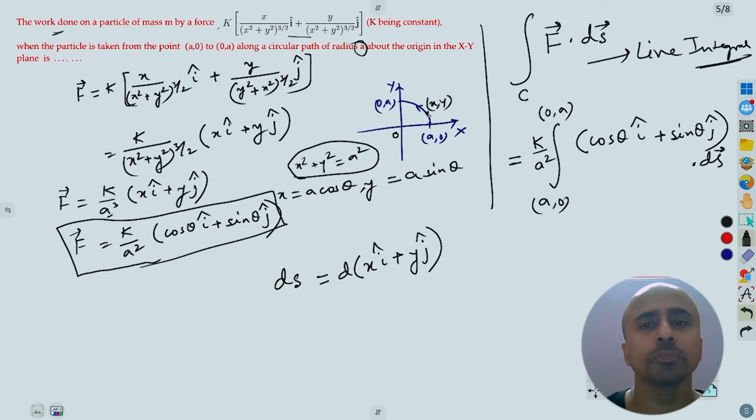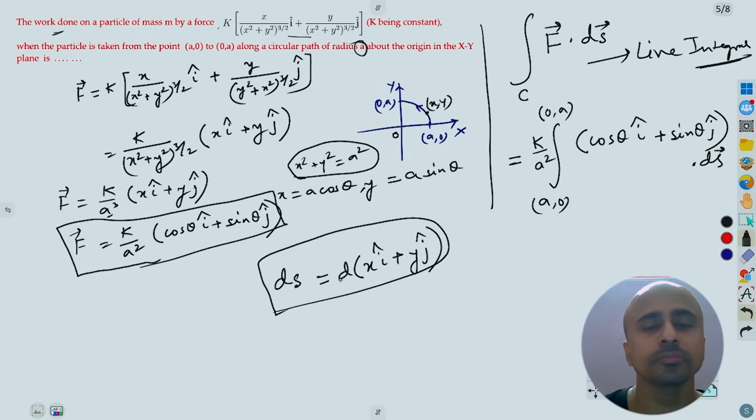So what is the position vector of this point? x I cap plus y j cap. Did you understand what I am saying? See, the coordinate at any point on this circle, we can consider as x comma y. And what is the position vector of this? It is x I plus y j cap. So ds is nothing but this thing actually.